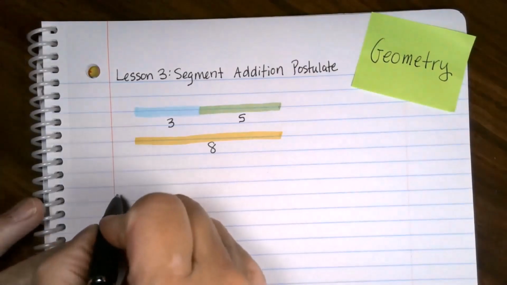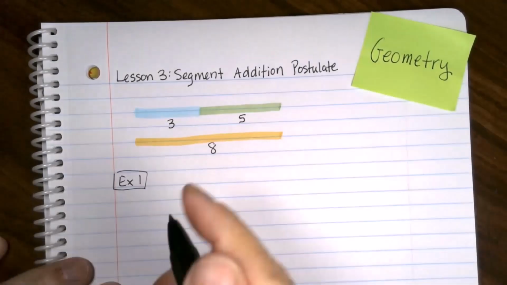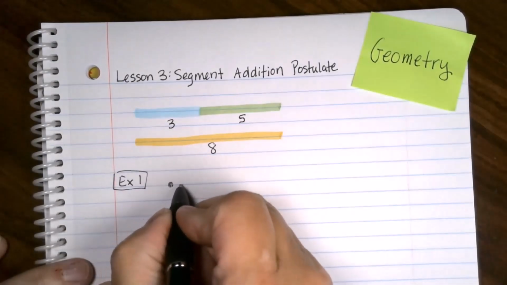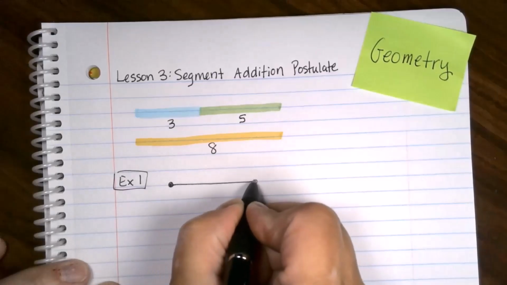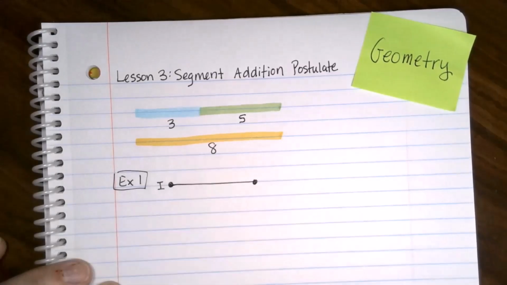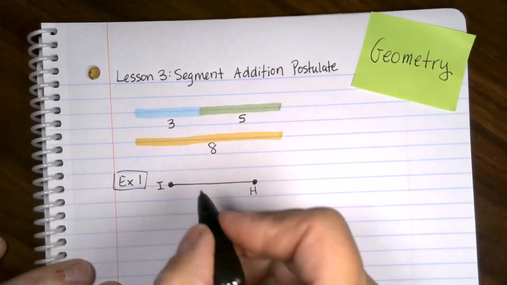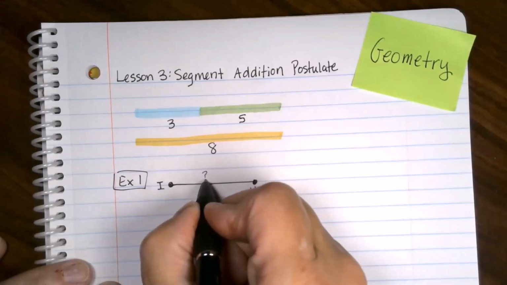Example 1. I am going to have one segment that is the letter I to H. And this is the one I don't know. I don't know how long that is.